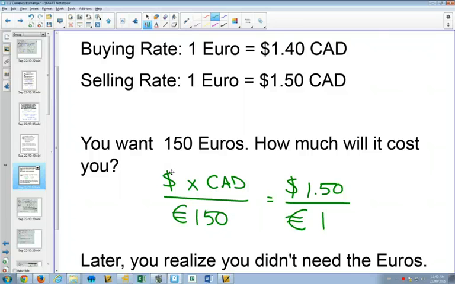Multiply both sides by 150 for the algebra, and you will get that x is equal to 225 Canadian. So if you wanted €150, it's going to cost you 225 Canadian.